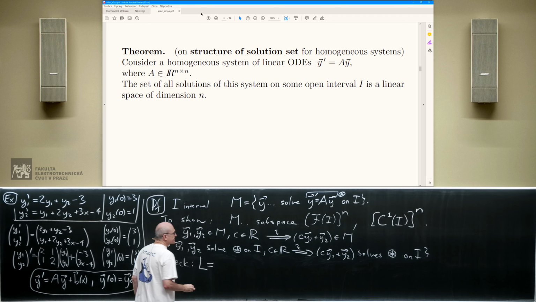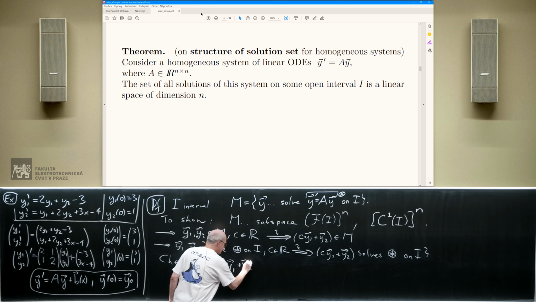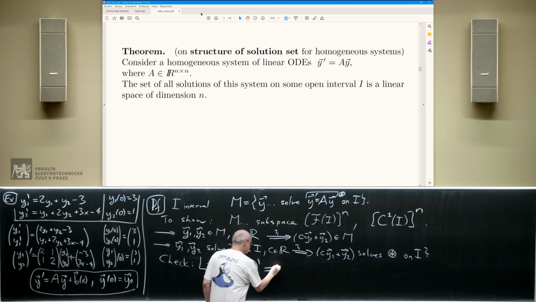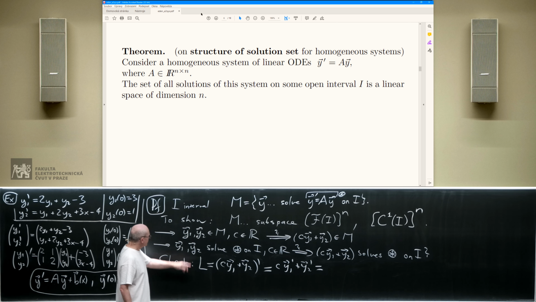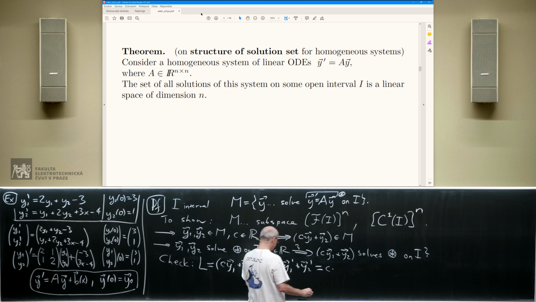We start with the left-hand side. So let's check. The left-hand side is the derivative of our vector cy1 plus y2. By linearity, cy1 prime plus y2 prime. Now let's see what are the assumptions. y1, y2 solve our homogeneous system. So it will be c times A y1 plus A y2.